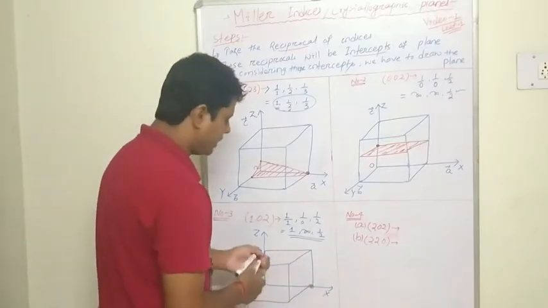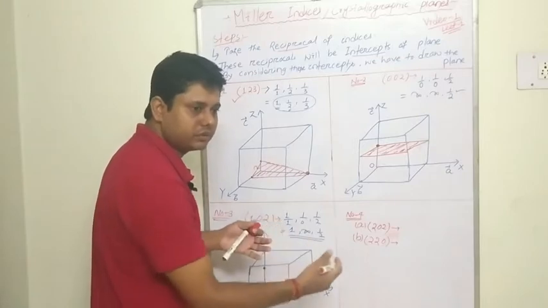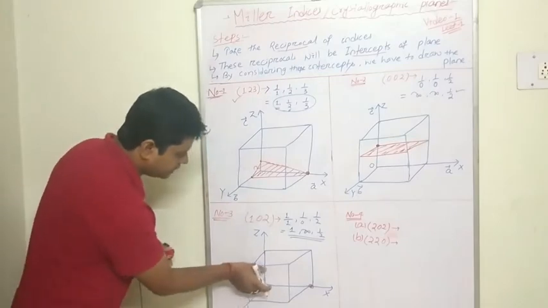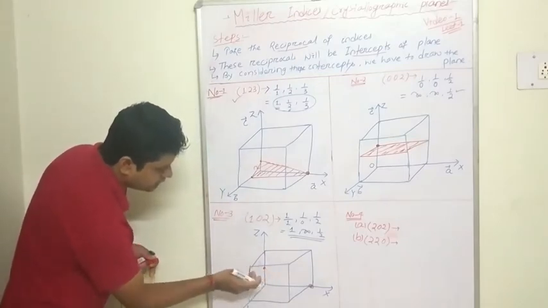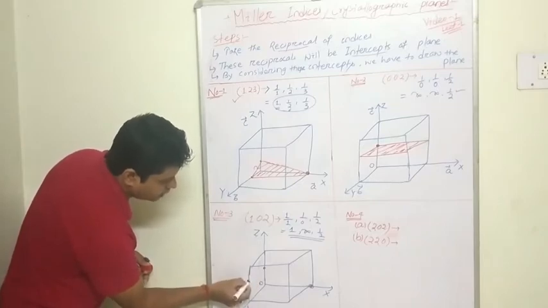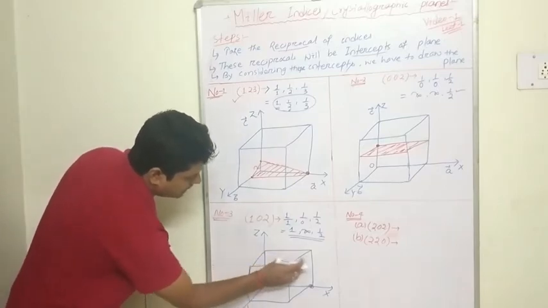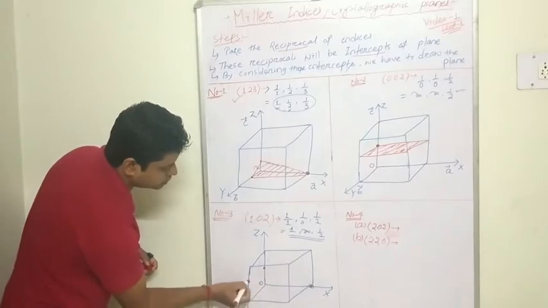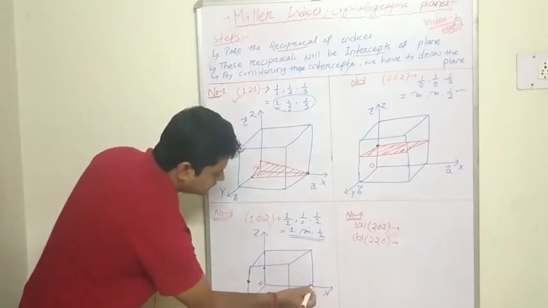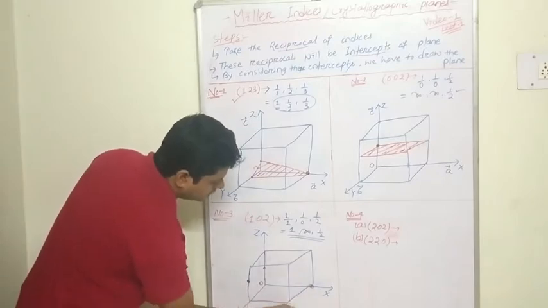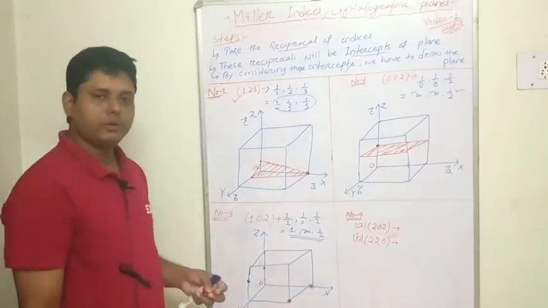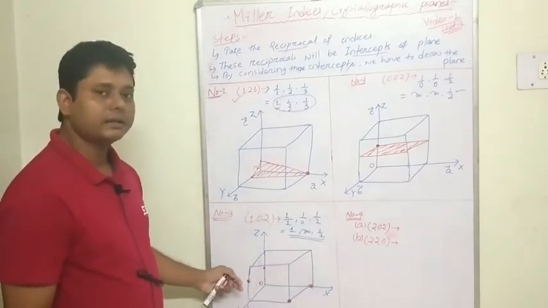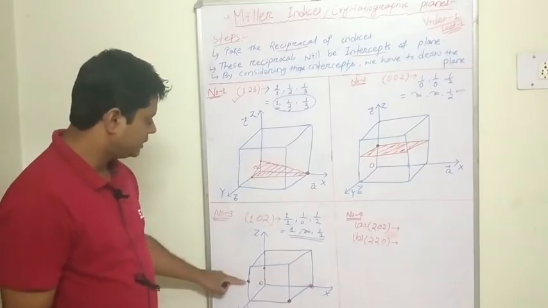So to draw the plane we have to take the mirror points, that means the same intercept along the z-axis on the opposite plane. This is the back plane, and this is the front plane. Here we take 1 by 2, here also 1 by 2, and here is one intercept, and here also one intercept. These two points and their mirror points on the opposite face will be here and here.